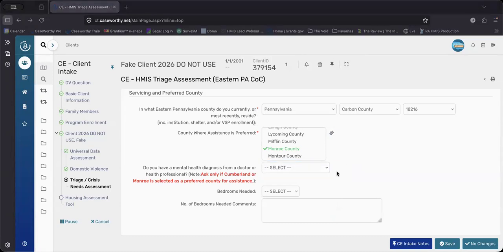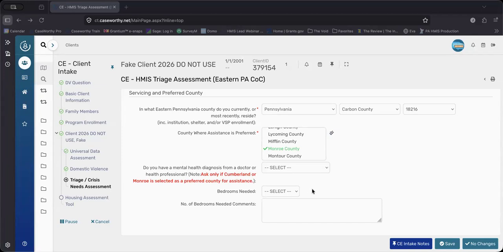The bedrooms needed question is optional here. It's required in our DV anonymous workflow. But you can ask how many bedrooms ideally a household would need, and that is helpful information for our housing case managers. You're not required to ask those questions for a mainstream enrollment or a non-DV anonymous enrollment.